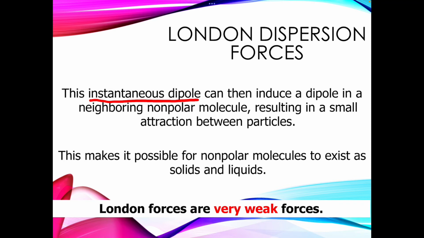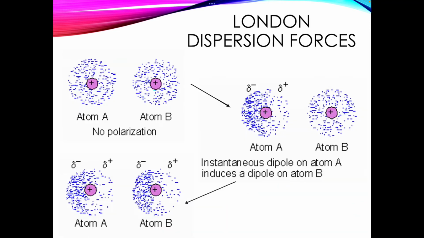However, since these instantaneous dipoles don't hang around very long, these are very weak forces. They happen and they're gone, and they happen and they're gone, continually over and over again. Because they're not permanent dipoles like our polar molecules, these tend to be very weak forces.